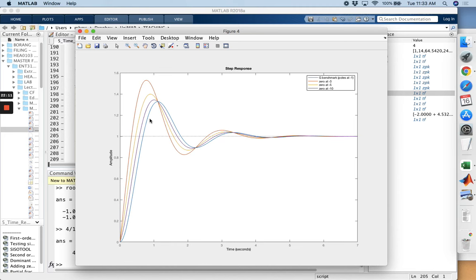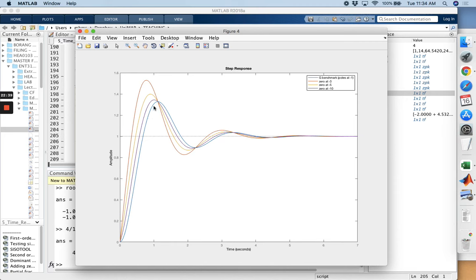But if we put the zeros much further to the left, farther from the poles, in this case the purple plot is at -10, so -10 divided by 1 is about a 10 times ratio. You can see here the purple plot resembles the second order system plot, the blue plot that has no zeros.